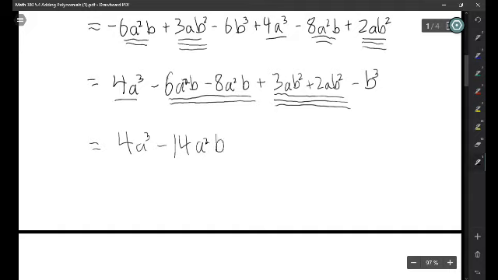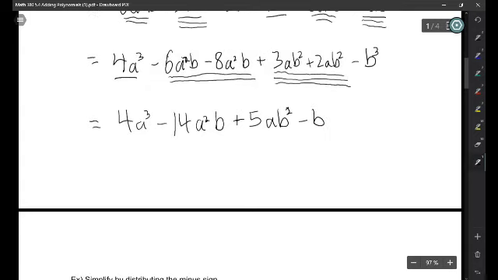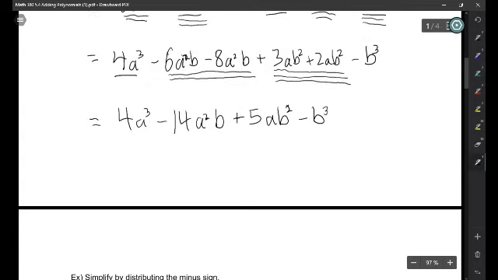Over here, the ab squared terms, ignore them, 3 plus 2, 5. Minus b cubed. And this is our answer.